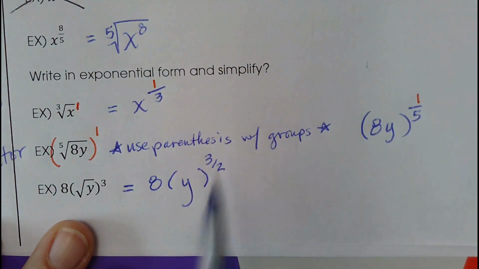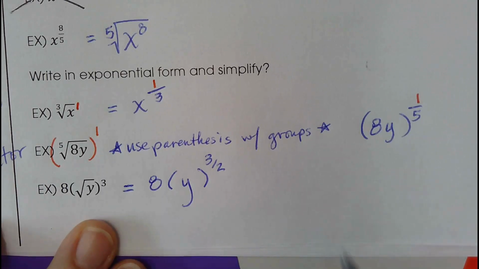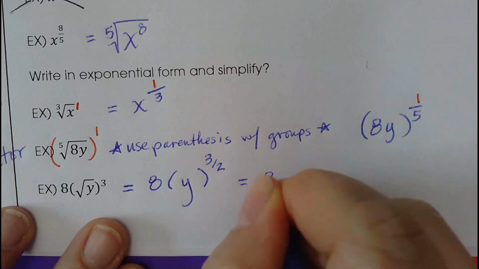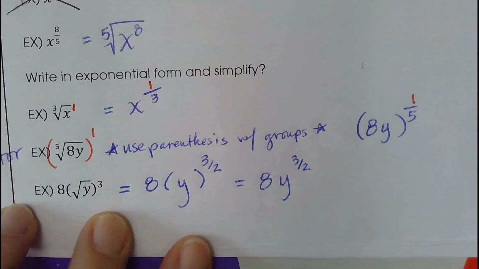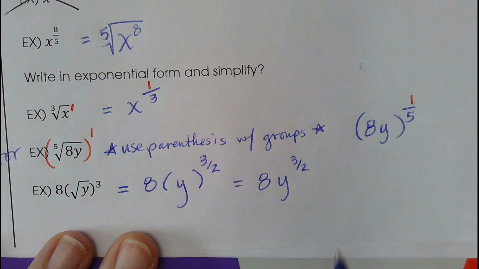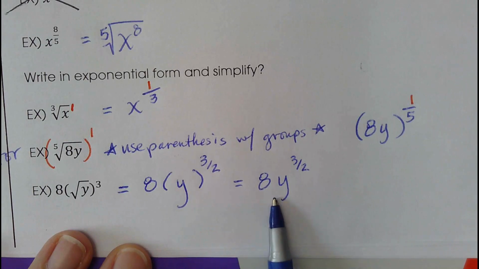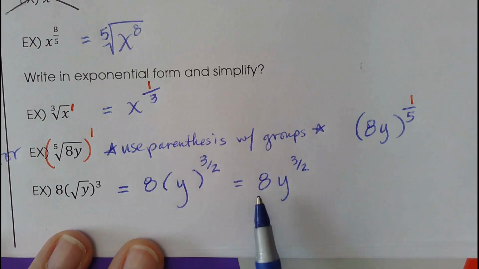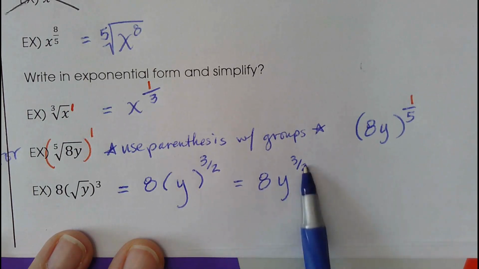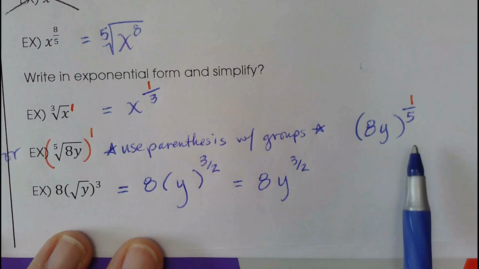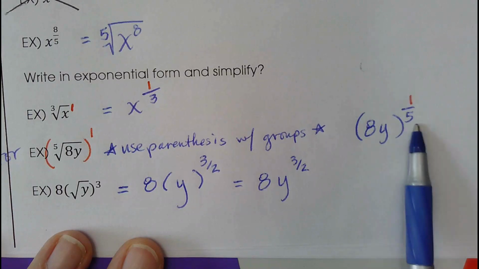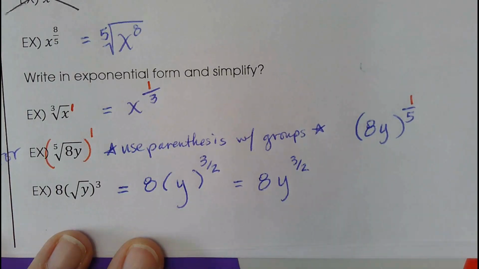The y gets the exponent and not the 8. But I just really want to make a distinction here that with this problem that we just rewrote, the exponent only goes with what's right beside it, the y. And that's very different from what's just above that, where the exponent goes to both parts of that.